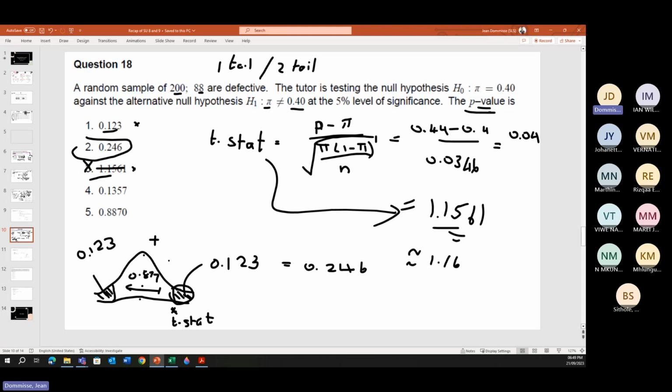But still, this shows me that if I only looked and used the 0,123, I actually only used it for the one tail. So I like to draw these small diagrams so that I don't nearly forget, because again, being in that situation in the exam, one is stressed, one sees a number that is exactly the same number as you have on your calculator or Excel, and one can very simply make that mistake.